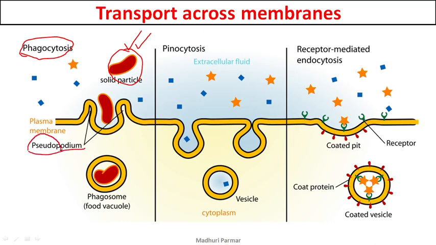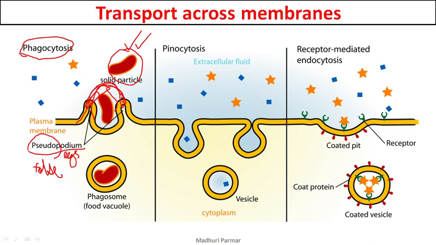Pseudo means false, and podia means legs, because it looks somewhat like legs. So it starts forming such pseudopodia, and these will keep on developing till they meet each other. Once that happens, this food particle which was outside will now be inside this vesicle.